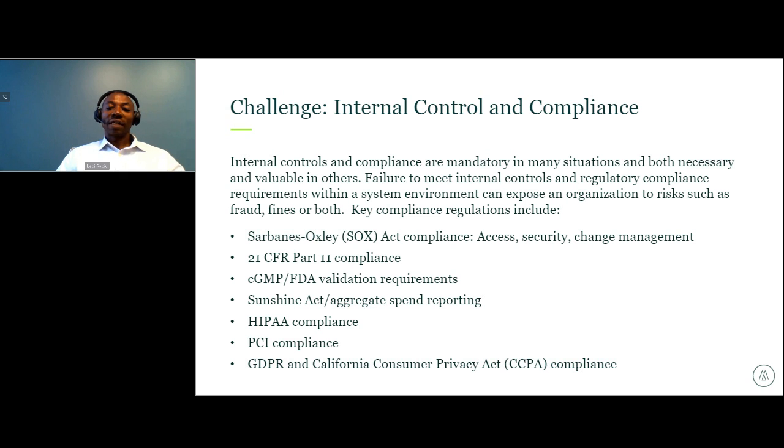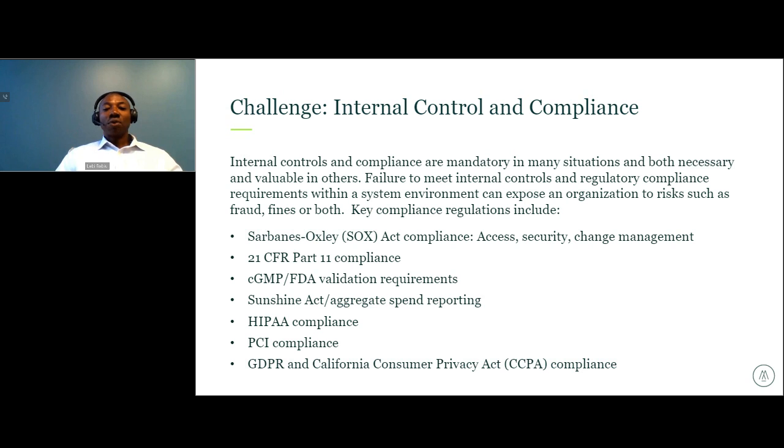And for companies that collect customer credit card information, there may be a need to assess a system for proper controls to protect credit card data and comply with PCI, the Payment Card Industry Data Security Standard. If you're on an older system, that may be a challenge. And if you do business in the EU, GDPR, General Data Protection Regulation, is the most important change in data privacy regulation in 20 years.